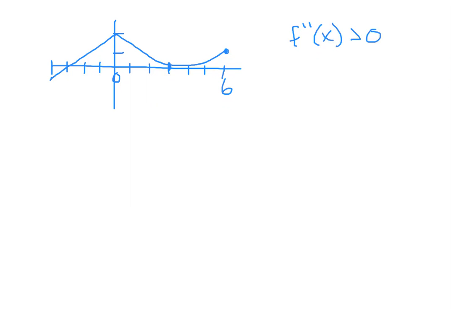What does second derivative greater than 0 tell us? Concave up. Okay, it is concave up, which you can see from looking at that. Okay, is f differentiable at x equals 0? Use the definition of the derivative with one-sided limits to justify your answer.